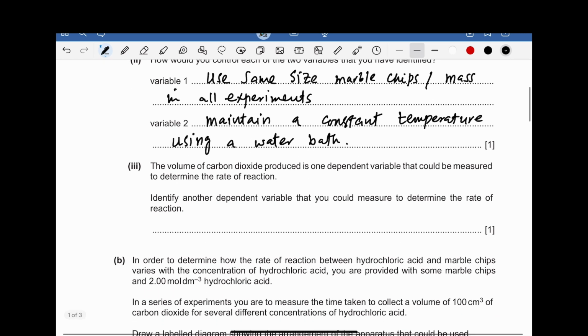3. The volume of carbon dioxide produced is one dependent variable that could be measured to determine the rate of reaction. Identify another dependent variable that you could measure to determine the rate of reaction. We can measure the change in mass of the reaction mixture.